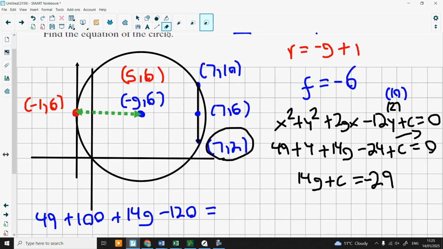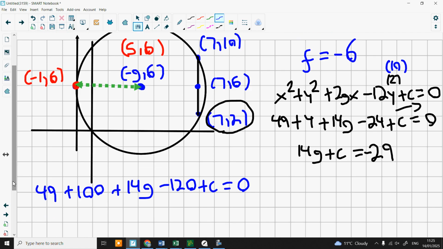Plus c equals 0. Now, I wonder if it'll give us the c value outright. That's what I'm hoping for. I think you could end up with 0 equals 0 or something like that, or the same information twice. Is it the same info twice? Yeah, that's okay. We have a workaround.